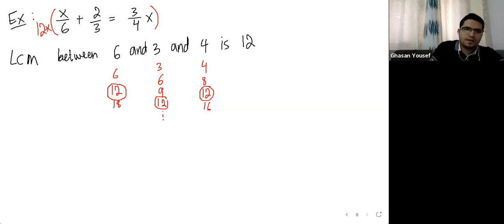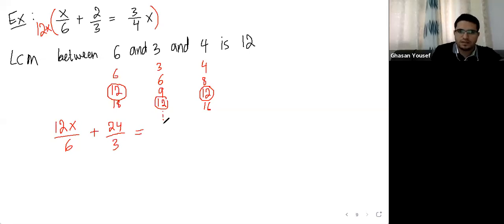So now I get this different way to solve the question. 12x over 6 plus 24 over 3, because 2 times 12 is 24, equals 12 times 3 is 36 over 4x.